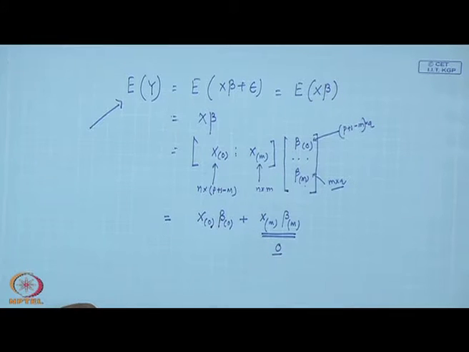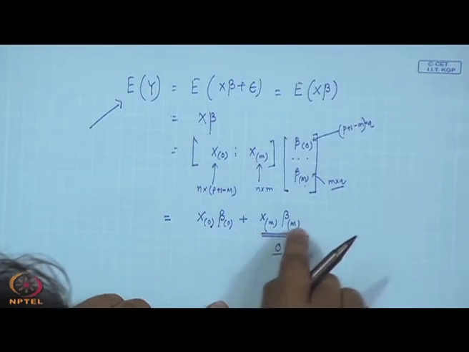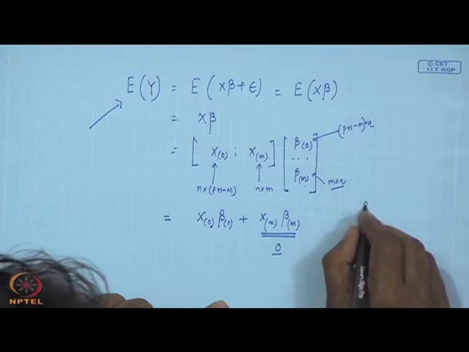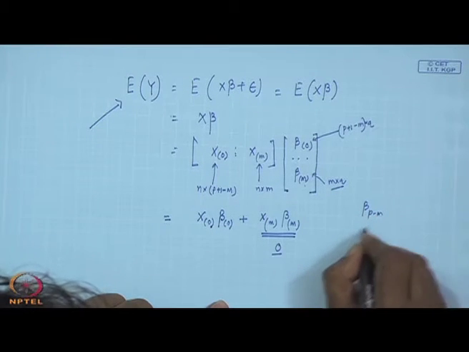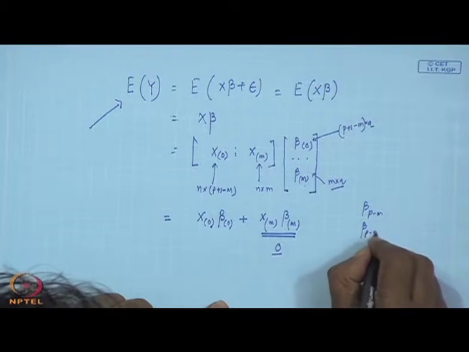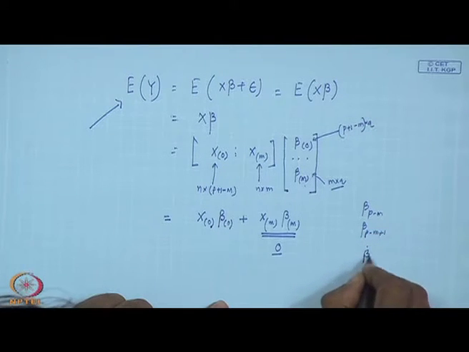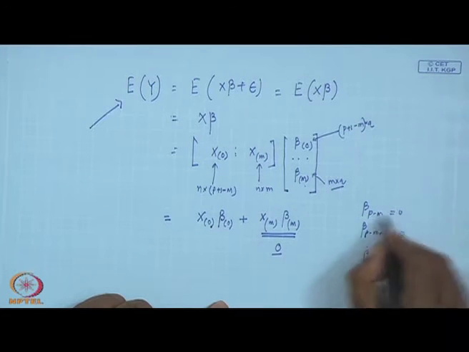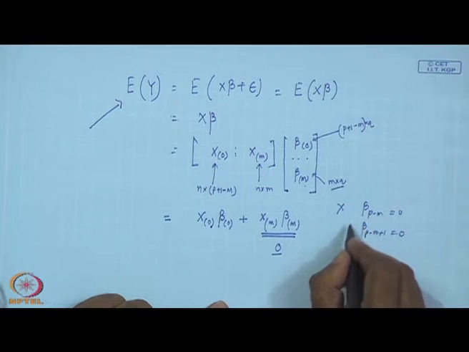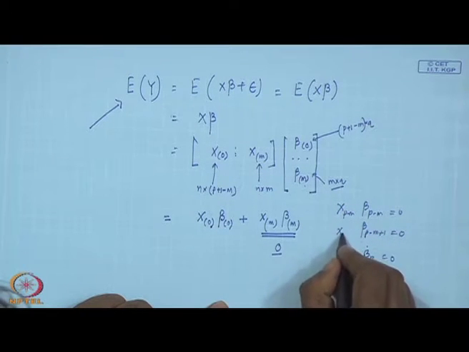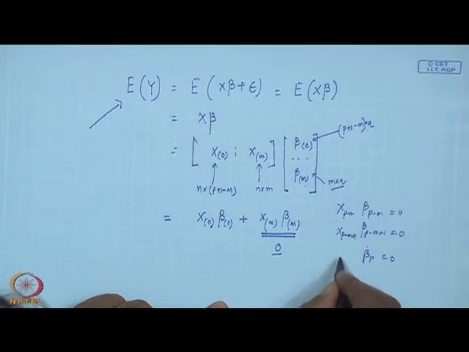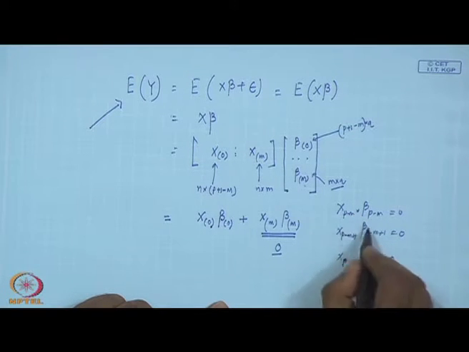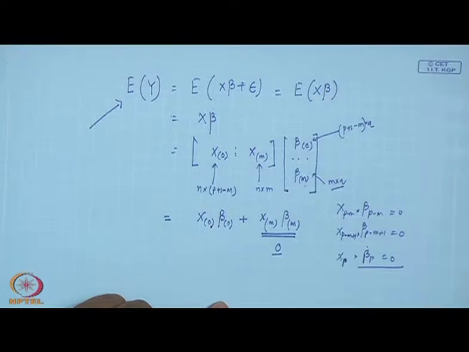So, that means this resultant will be 0, getting me? Your beta m is basically beta p minus m plus 1 up to beta p, everything is 0. Whatever you multiply this with, x p minus m plus 1 up to x p, this resultant quantity also will become 0.